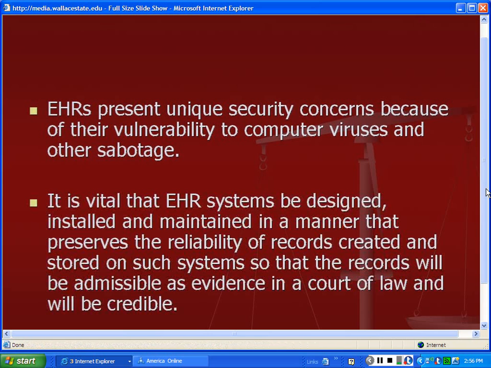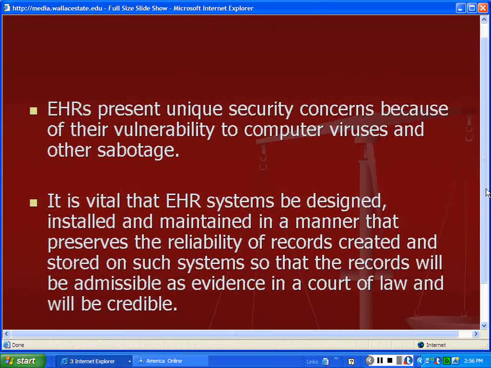So that's why it's so important, if we go to the electronic health record and we use an electronic health record system, that it be designed and installed and maintained in a manner that preserves the reliability of the records created and stored on the systems, so that the records will be admissible as evidence in a court of law and will be credible. Because as it stands, medical records, paper records, are admissible as evidence in court.